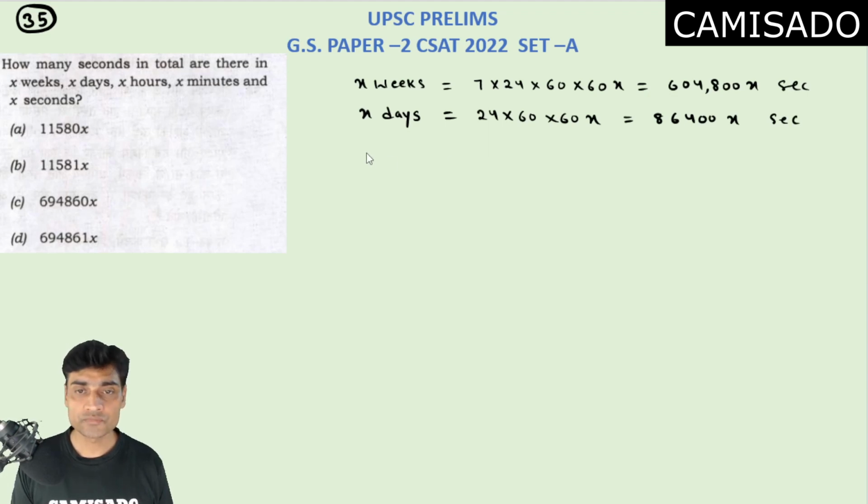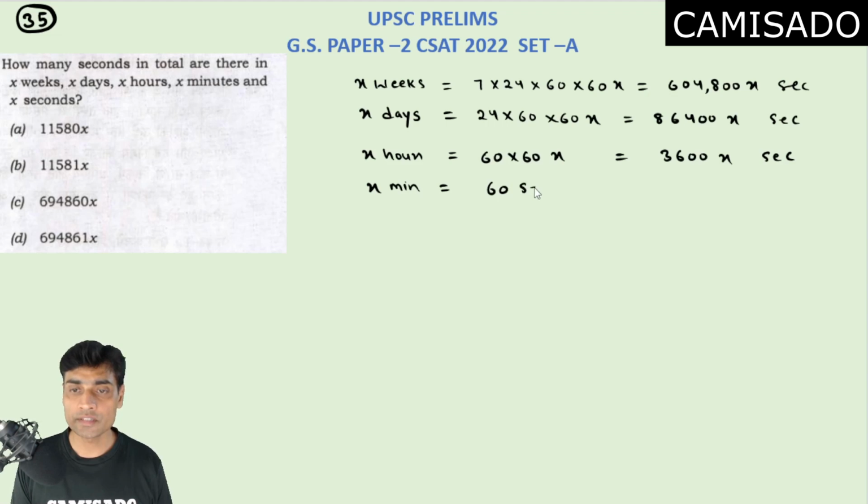Again in X hours, in an hour we have 60 minutes, then 60 seconds. So it will be 3600x seconds. Now next is X minutes. X minutes we have 60 seconds, and at last X seconds means finally X seconds.